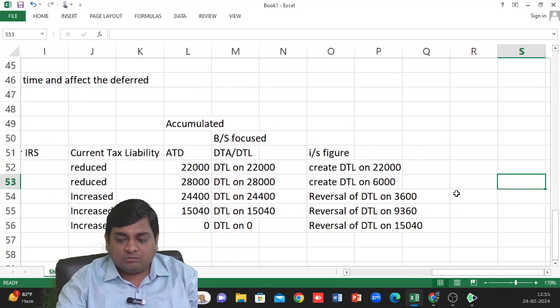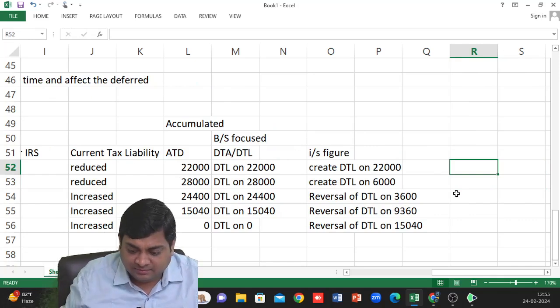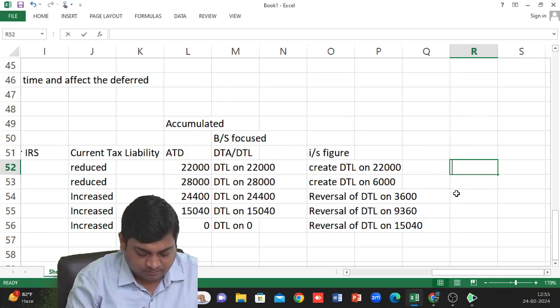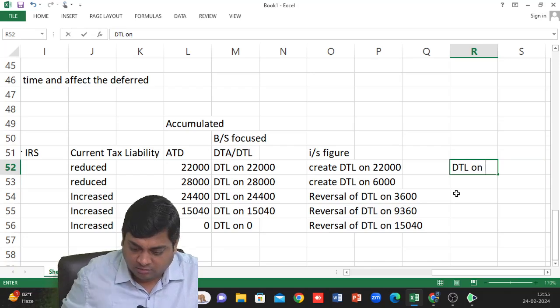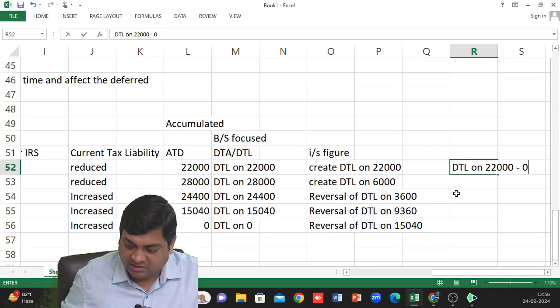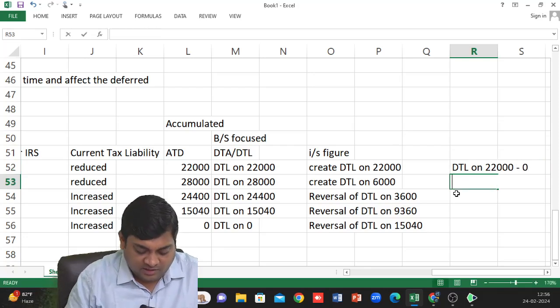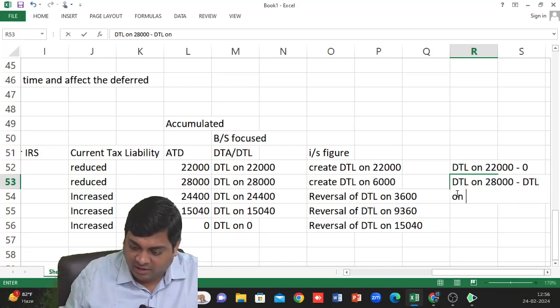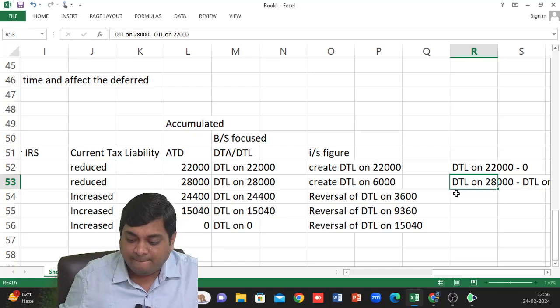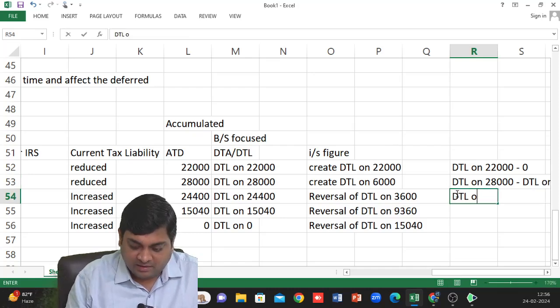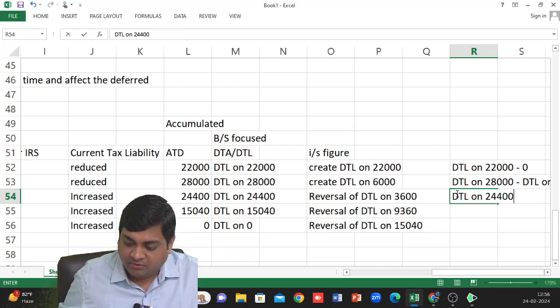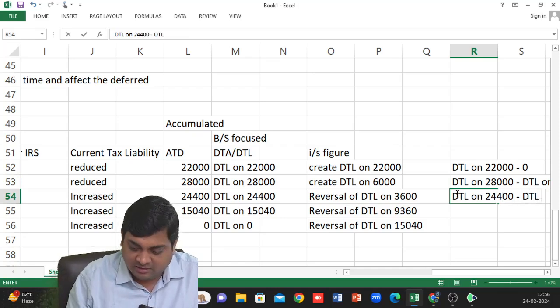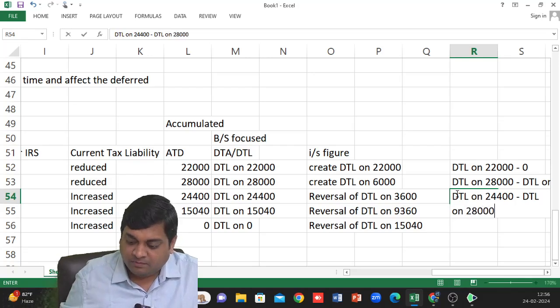Otherwise, what we have to do? It is like DTL on 22,000 minus 0. It is DTL on 28,000 minus DTL on last year. It is DTL on 24,400 minus DTL on 28,000 of last year.